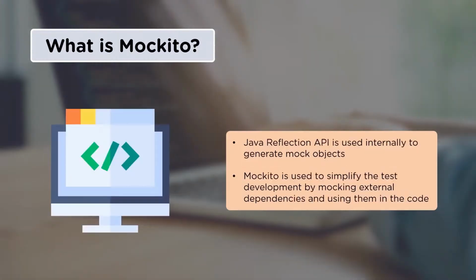The Java Reflection API is used internally to generate the mock objects. That's a core component, the backbone of this whole mocking approach. Mockito is used to simplify test development by mocking the external dependencies and using them in the source code.